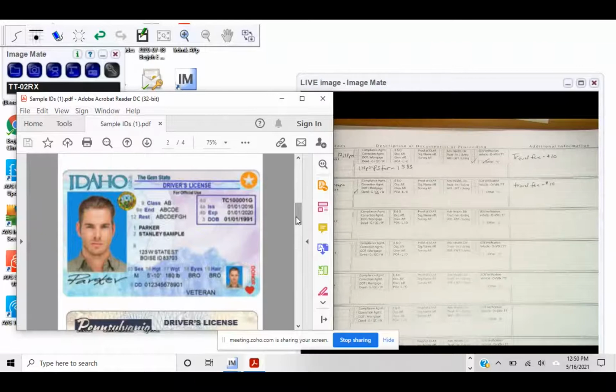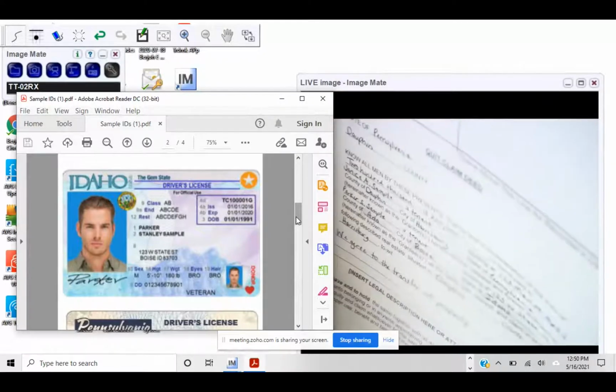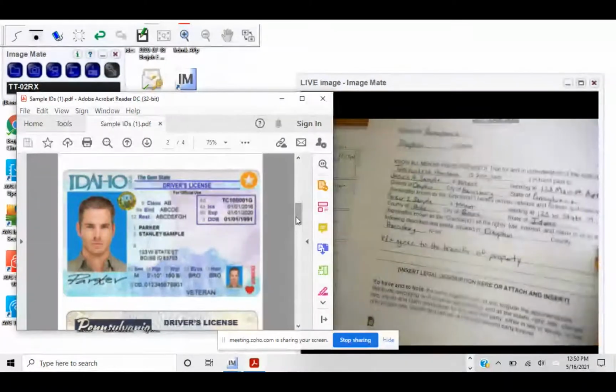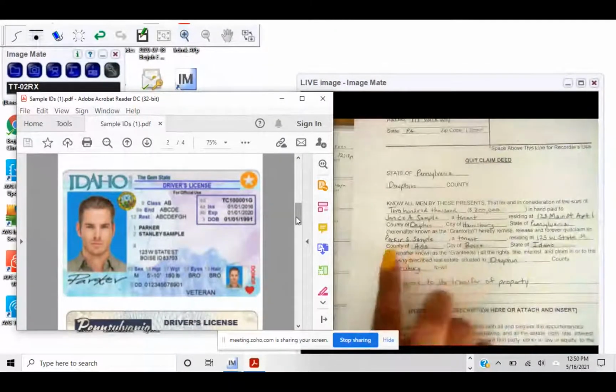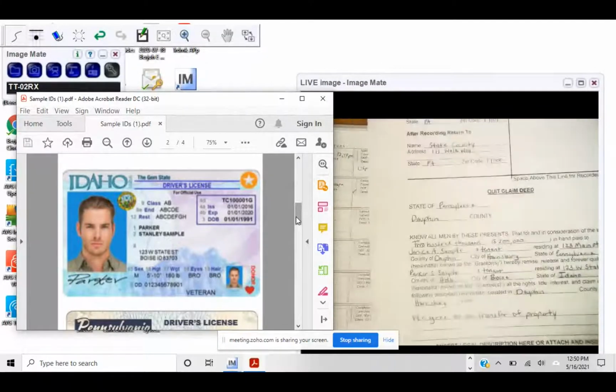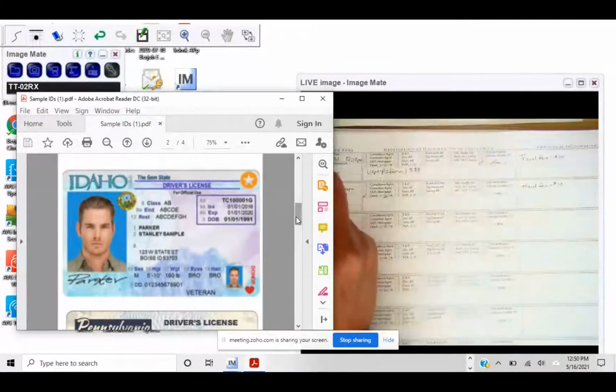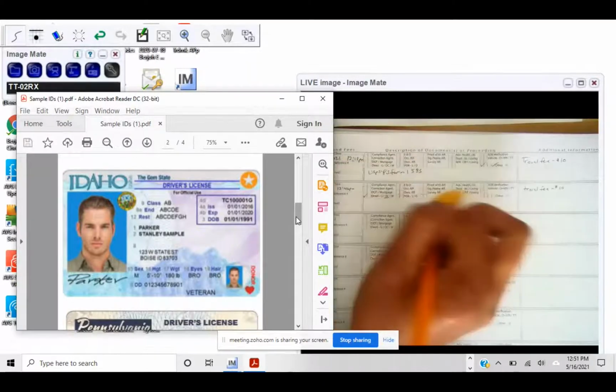Or is it Parker Stanley Sample? Let's see how I put it in here. Yeah, his first name is Parker. Okay, see here. Parker as Sample. Okay. So our next entry here, I'm going to do the same thing that we did for Miss Janice.